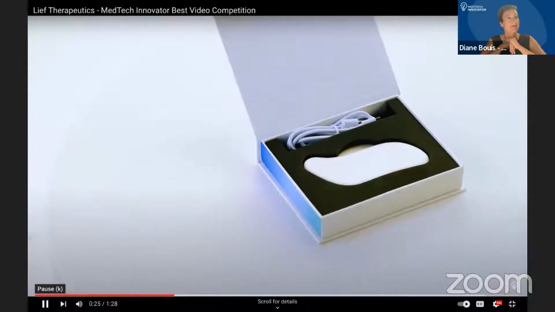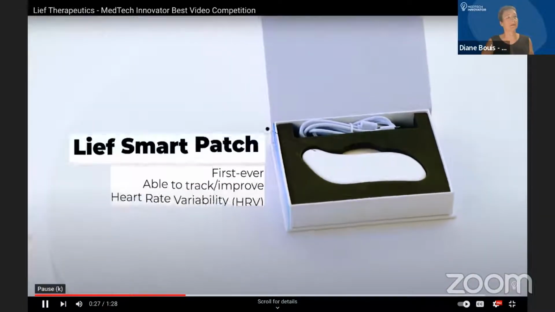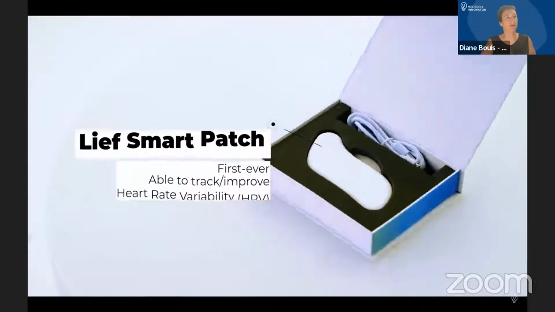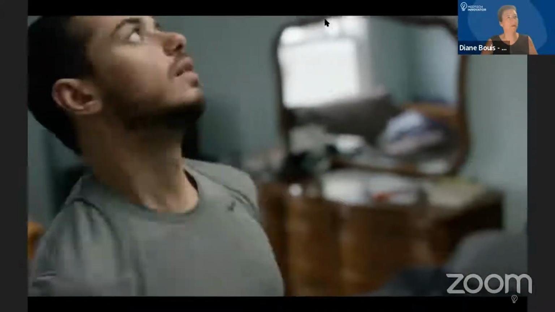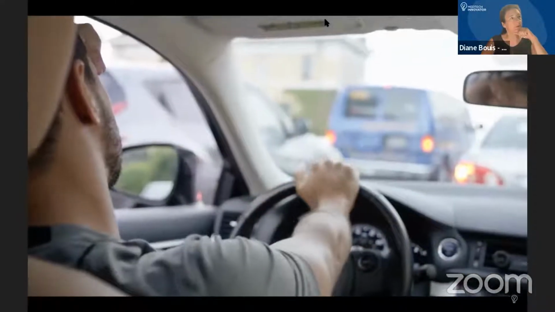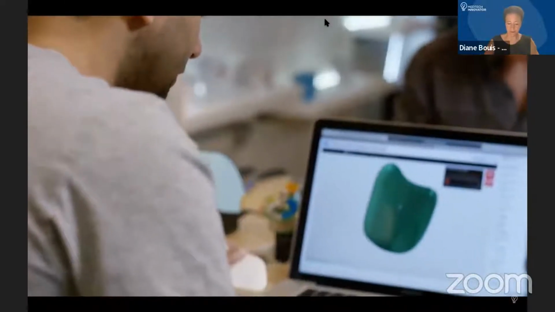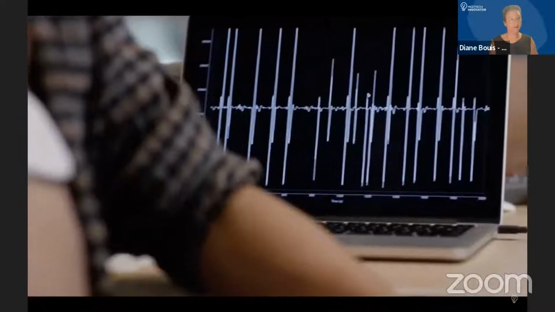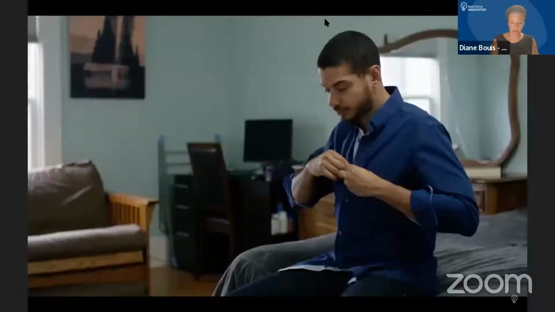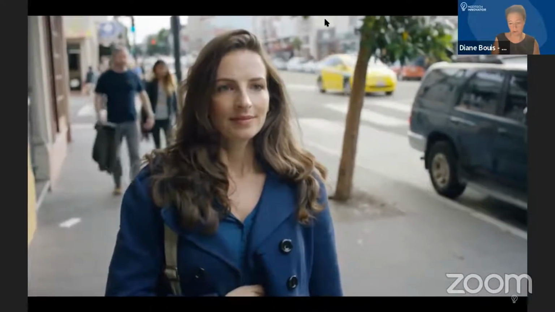That's why Leaf pioneered a breakthrough smart patch that can track and improve a key biomarker of mental health. For many of us, it's hard to know when a thought or challenging situation could prompt a cycle of anxiety or depression. Leaf's patented biometric algorithms detect when the patient is most at risk, then automatically guide their breathing in a discreet, evidence-based intervention called heart rate variability biofeedback.